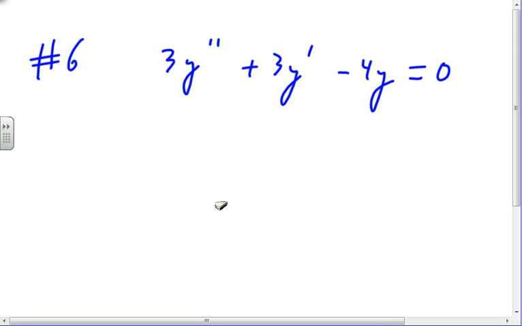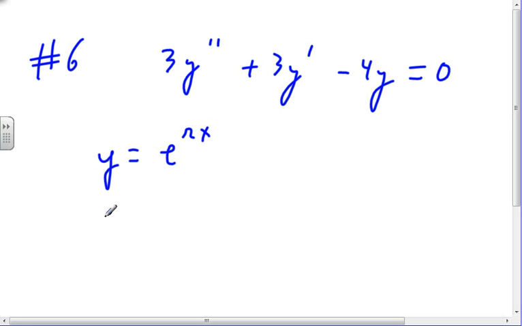And we're going to guess the solution: y is equal to e to the rx. Then we're going to find what values of r would solve this equation.